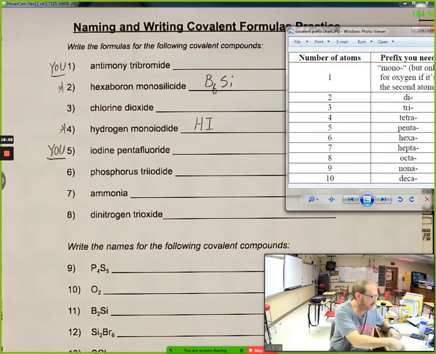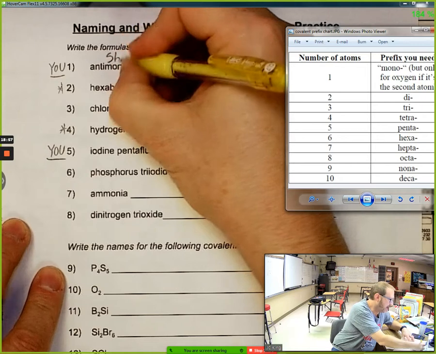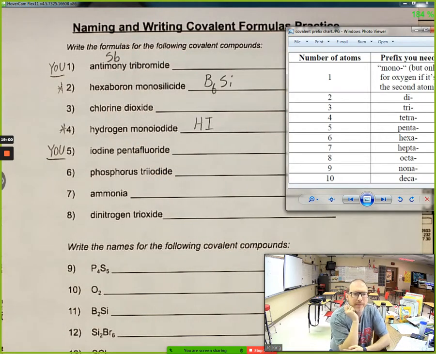Okay, fine. Antimony's symbol is Sb. There you go. Don't want to have to wait forever for somebody to have to find that.